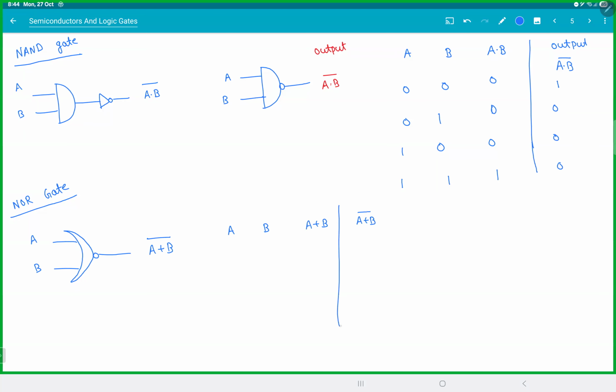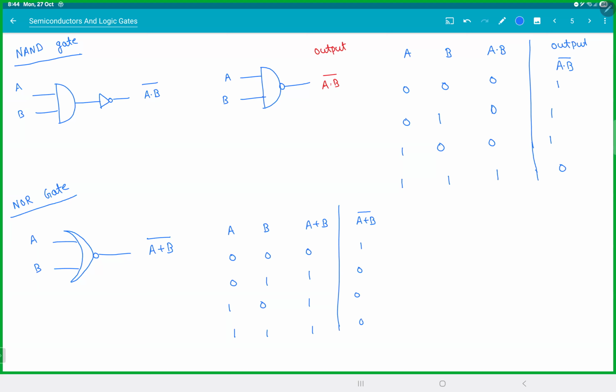So 0, 0, 0, 1, 1, 0, 1, 1. This negation will be 1, 0, 0. Wait, I wrote something wrong. 1, 0, 0, 0. Yeah, I wrote that thing wrong.